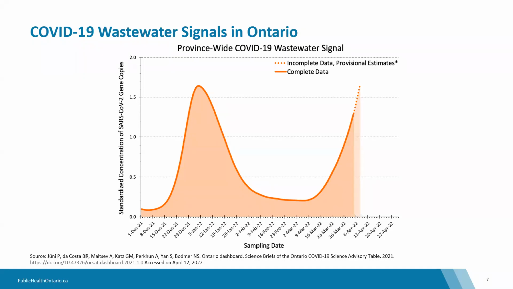It is representative of all the 34 public health units in the province, but there is a significant regional variation, so there are regional specific data that you can look up in your health units as well. Really, we look at this as a signal. It's to be interpreted amongst all of the other metrics that we talked about, but it is something to keep an eye on in your area to see where things are at in terms of how much SARS-CoV-2 is circulating in our wastewater.